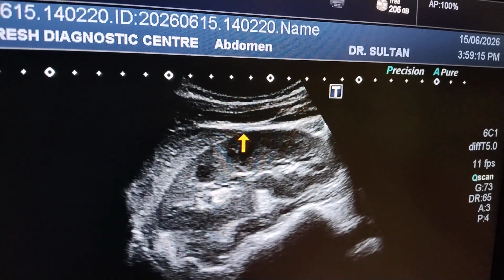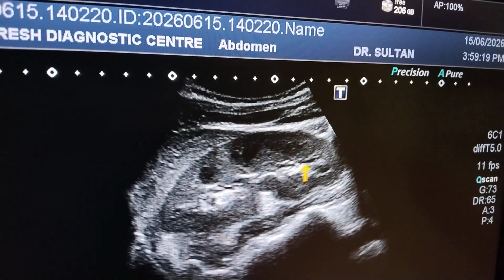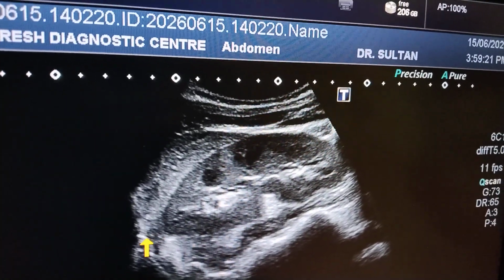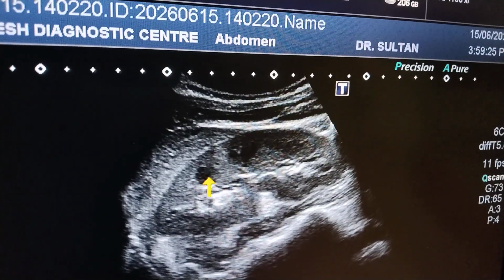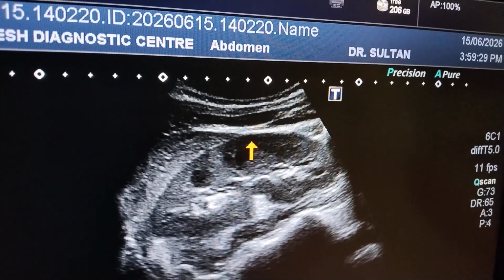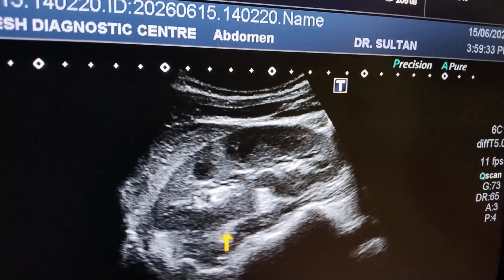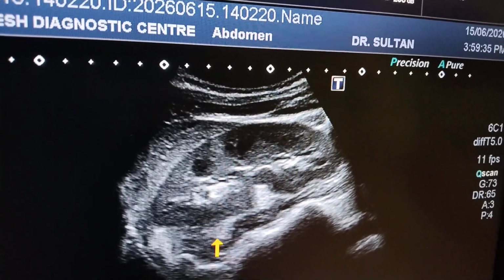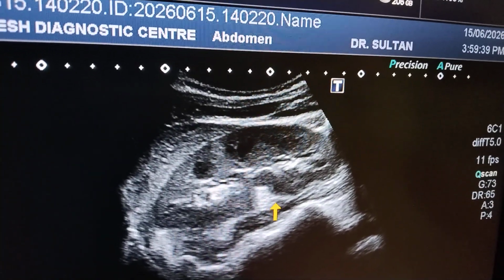We cannot call it mid-pole, so it is the region between the two poles. Only two poles are present in the kidney. This anterior side is the anterior cortex and the anterior medullary pyramid, and this is the posterior region in the screen. This is the posterior cortex.